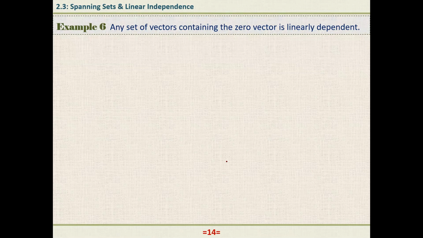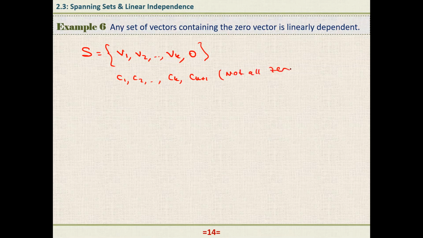If we have a set of vectors, let's say V1, V2, up to Vk, and it also contains one 0 vector, the question is, can I find C1, C2, up to Ck, and one more Ck plus 1, not all zeros, at least one of them not equal to 0, from the definition, so that the linear combination of these vectors is equal to 0.